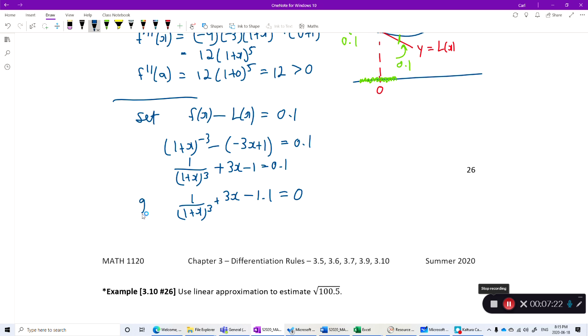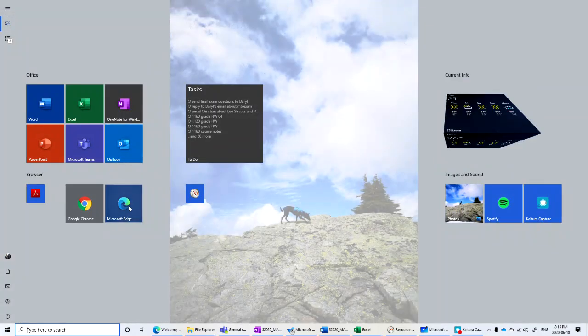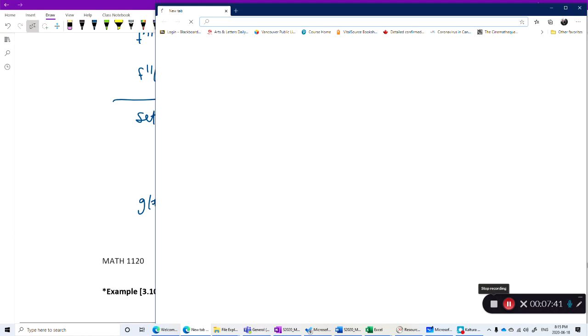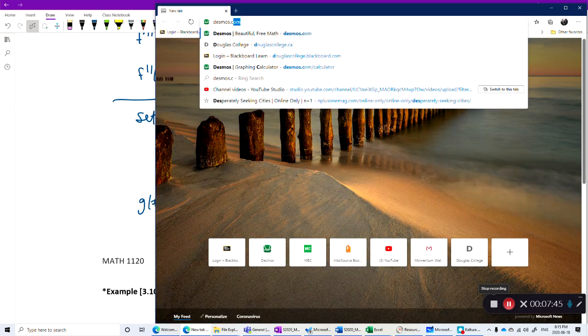So what I'm going to do is use my graphing device, Desmos, and just look at when this function is equal to 0. Those will be the solutions. So let's try that. We're going to punch this into Desmos. And this is a perfectly good way to solve an equation, right? Desmos.com.